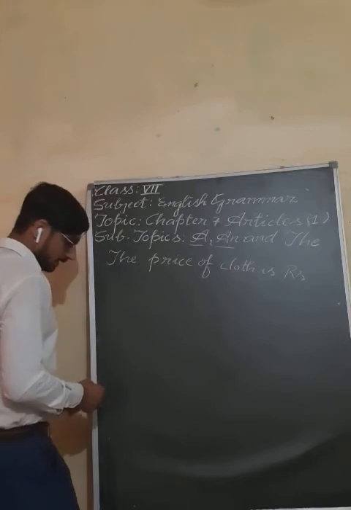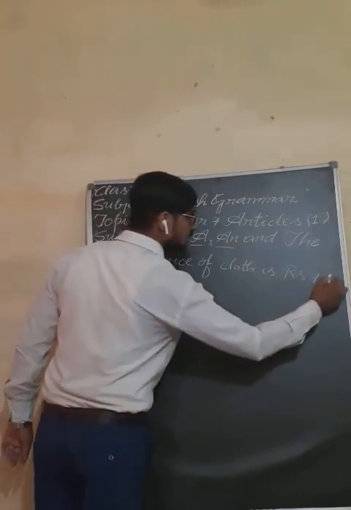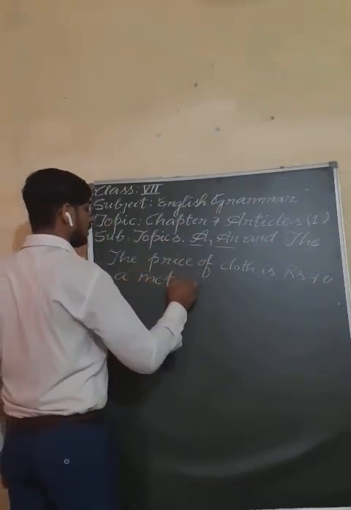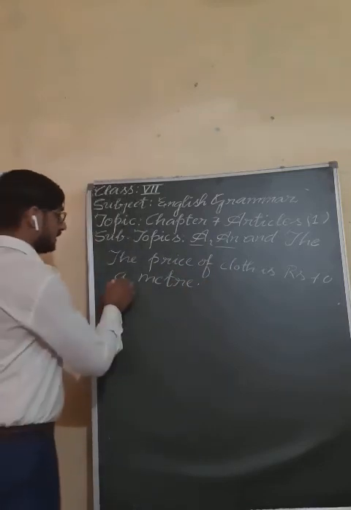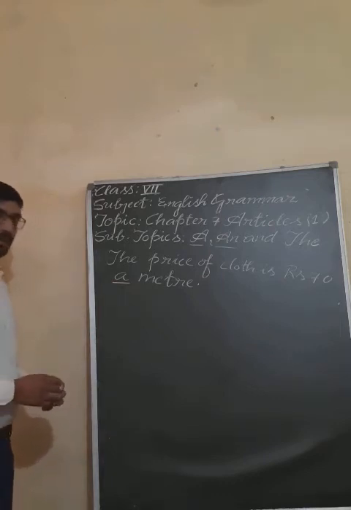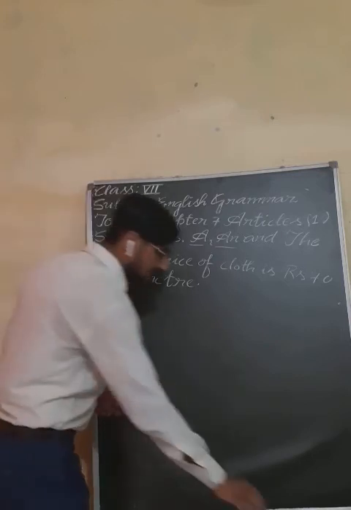You are talking here. Cloth is rupees 70 a meter. You are talking about here. We are using each and every, in a sense. We are using here a to say which type of person is, what kind of person is.